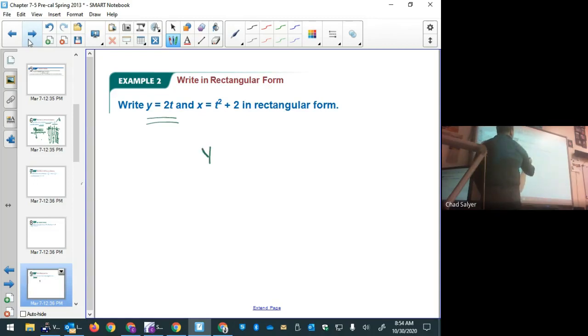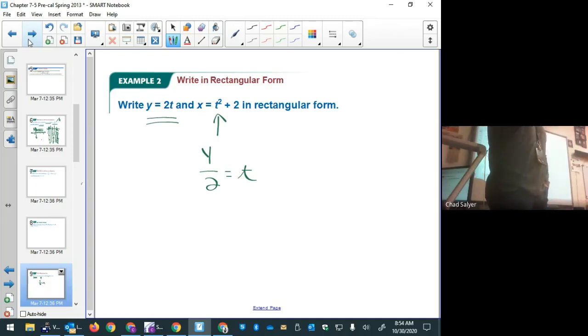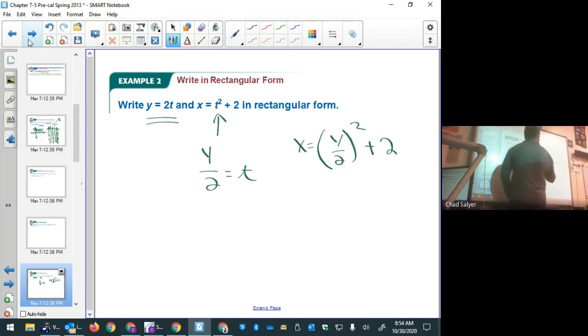So I take y over 2 equals t, and I'm going to plug that in for t in the other equation. So whichever one's easiest to solve for t, solve it for t, plug the resulting expression in for t into the other equation. So the result is x equals (y over 2) squared plus 2, x equals y squared over 4 plus 2.